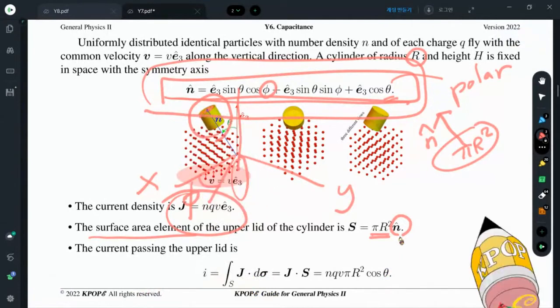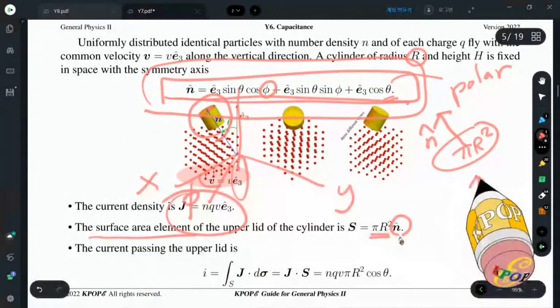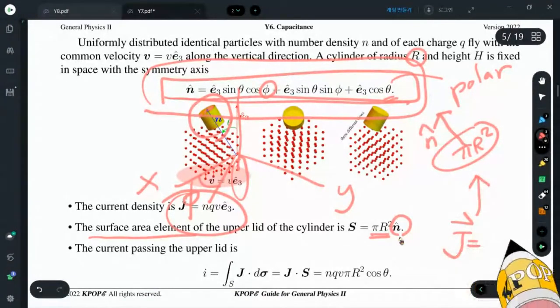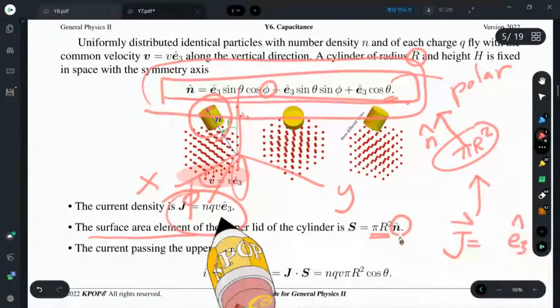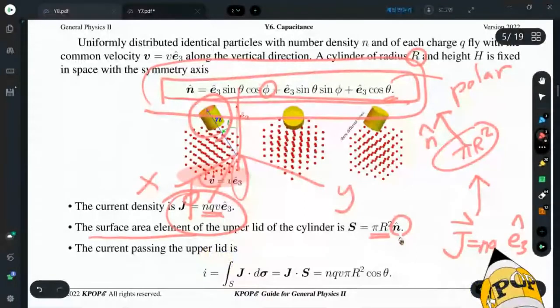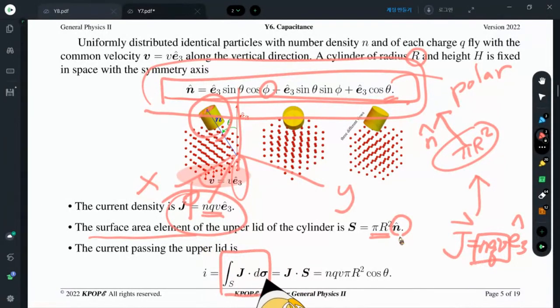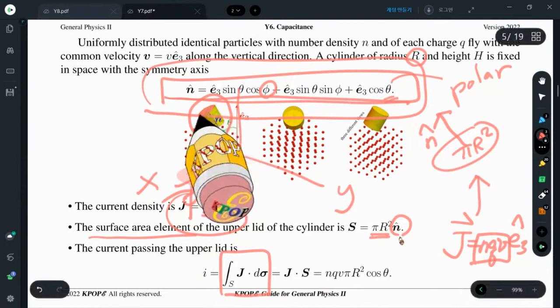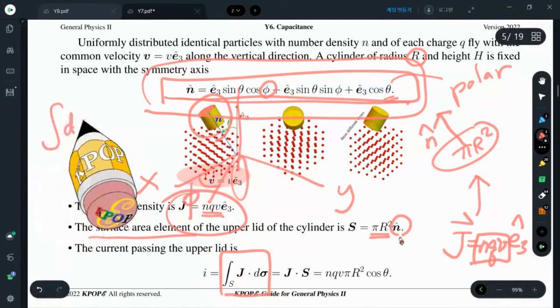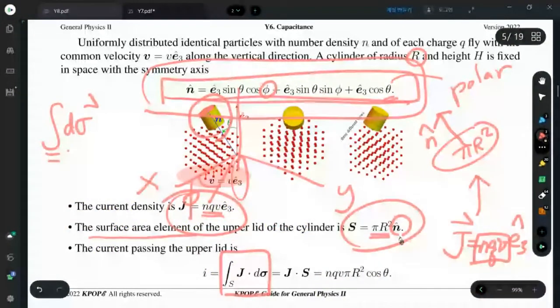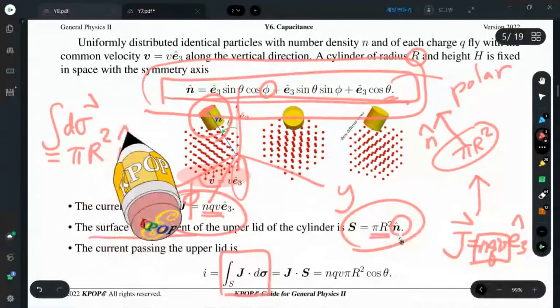Current passing through the upper lid. We have a current density J that is constant. It is along the z-axis. The magnitude is nqv. What we have to do is integrate J dot d sigma, and this d sigma is trivial. The integral of d sigma here is nothing but this vector, pi r squared n hat.